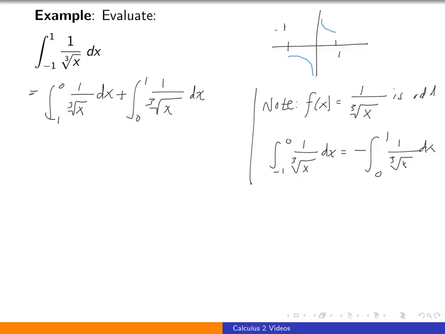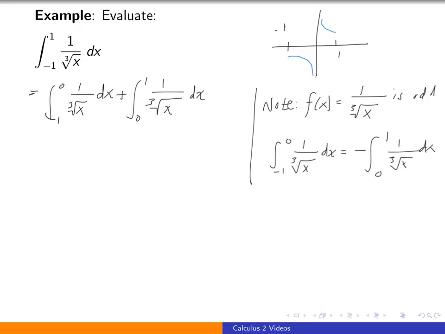In the picture, the area enclosed in the first quadrant equals the area enclosed in the third quadrant, but because it's underneath the x-axis, you need a negative sign.